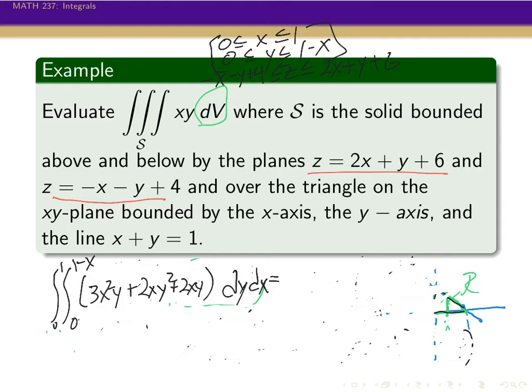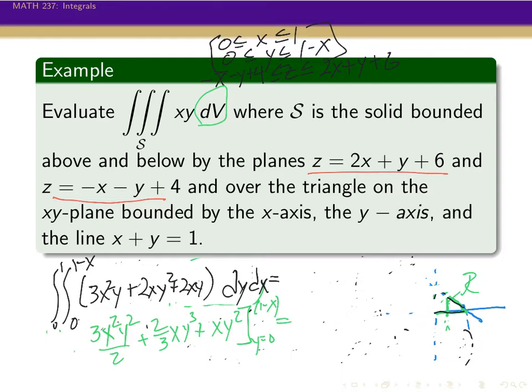So we're integrating 3x squared y plus 2xy squared plus 2xy in terms of y. So I get 3x squared y squared over 2 plus 2/3 xy cubed plus xy squared, where my y's are going from 0 to 1 minus x. The 0 is nice because that's going to clear everything out, so I'm just plugging 1 minus x in everywhere for y.